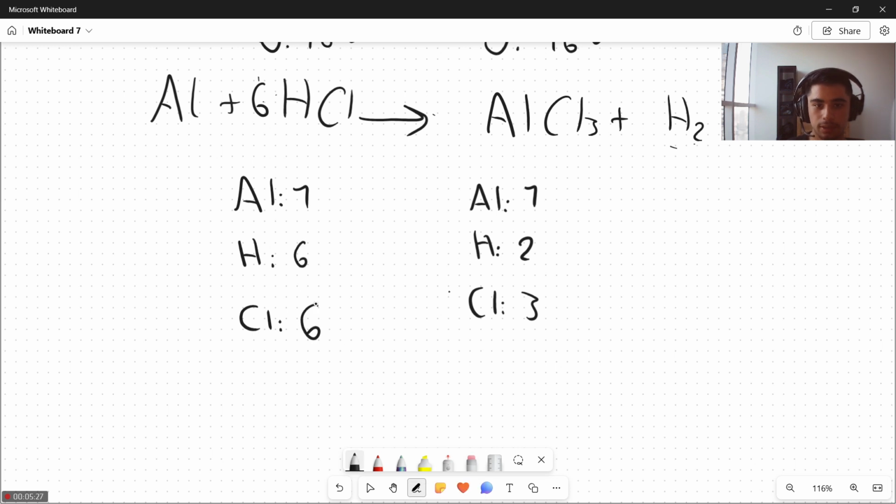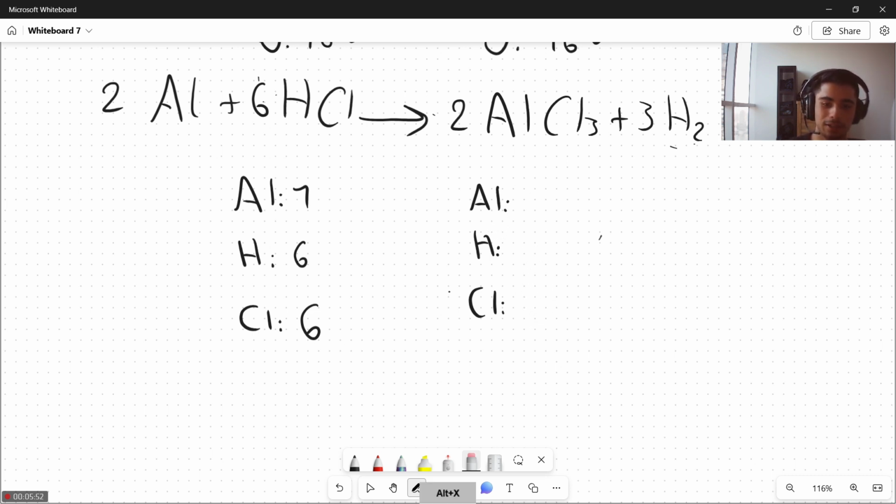6, 6. And right now, it's just the aluminum over here. We can just add a 2 over here to make the chlorines similar. So we'll also add a 2 here to make the aluminum the same. And we'll add a 3 here to make that 6. I know this one could have confused you a bit more, but honestly, it's just common sense.